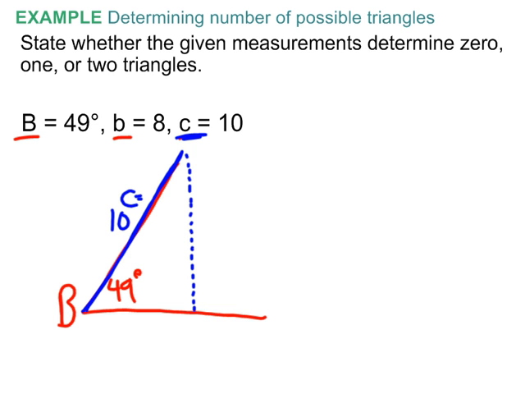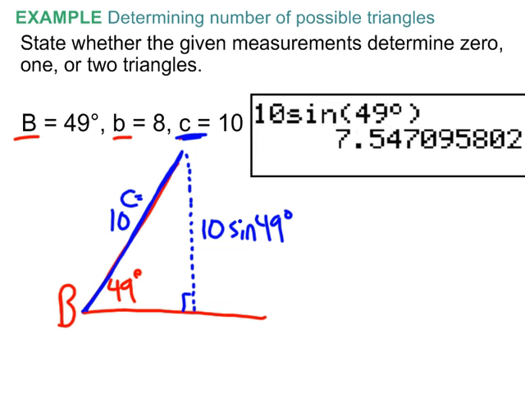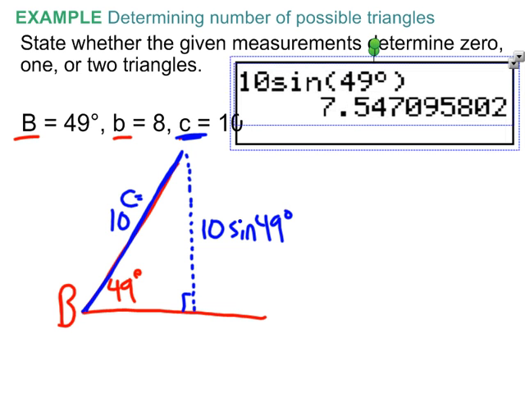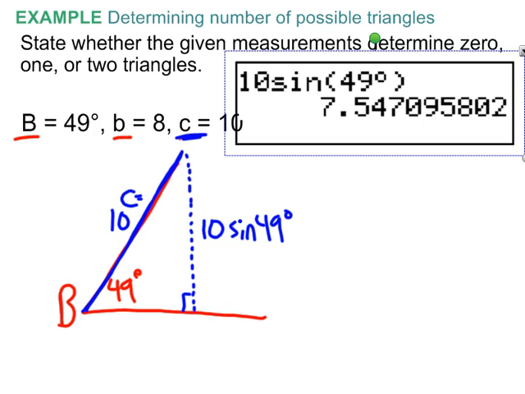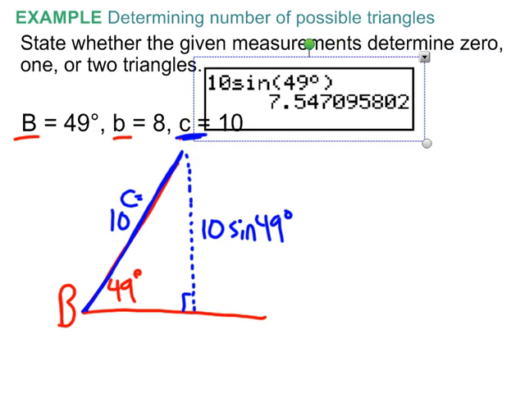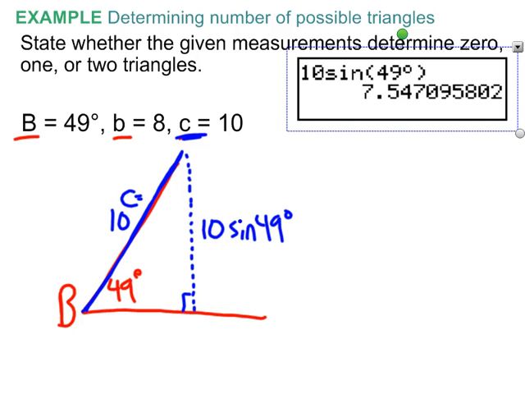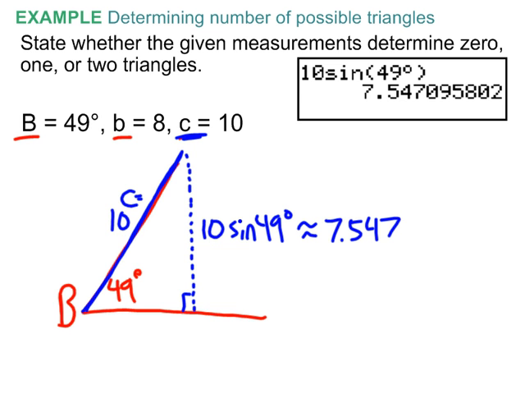And that distance there, using our right triangle trig, is going to be 10 sine of 49 degrees. So we turn to our calculator and figure out what the value of 10 times sine of 49 degrees is. And we see it's about 7.547. And I would encourage you to note that on your paper.